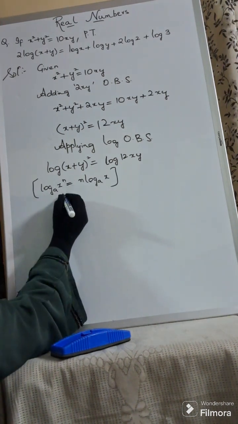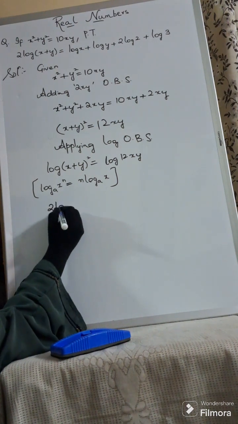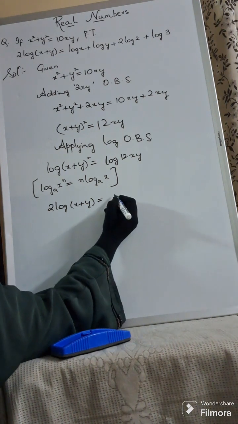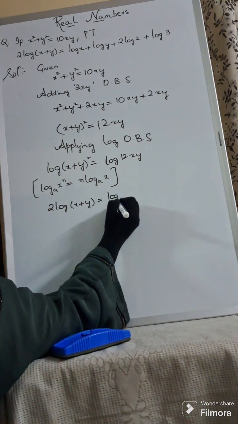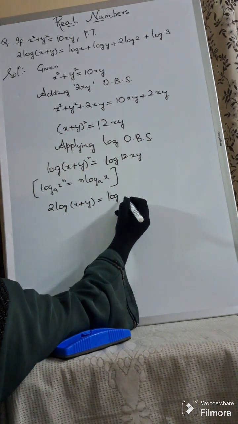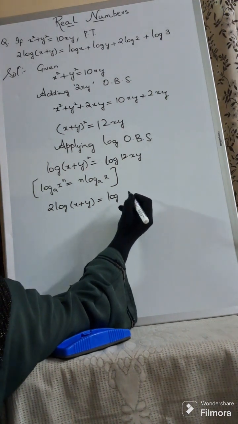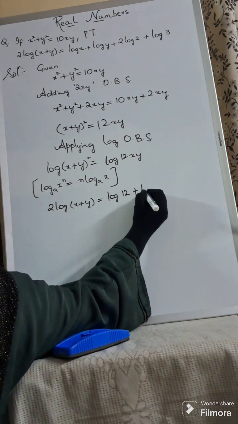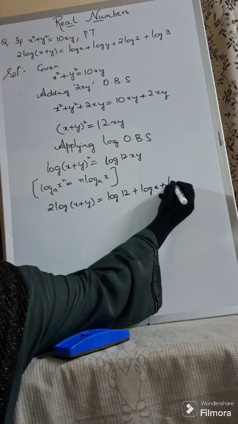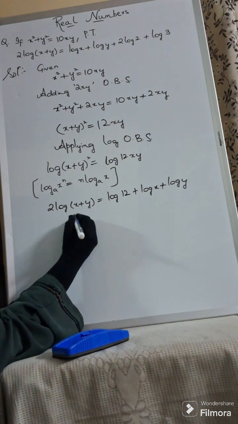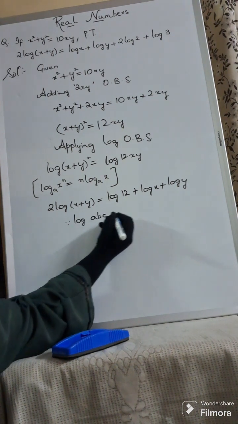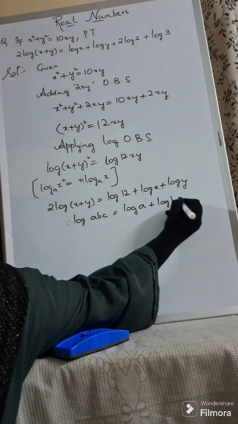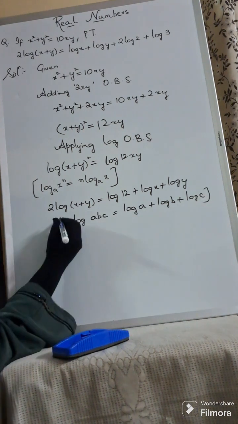Using this formula, I am writing this as 2 log of (x plus y) is equal to log 12 plus log x plus log y, since log abc is equal to log a plus log b plus log c, right?